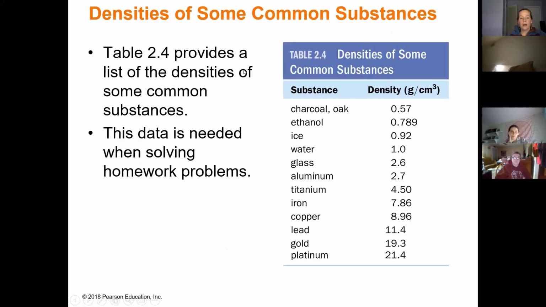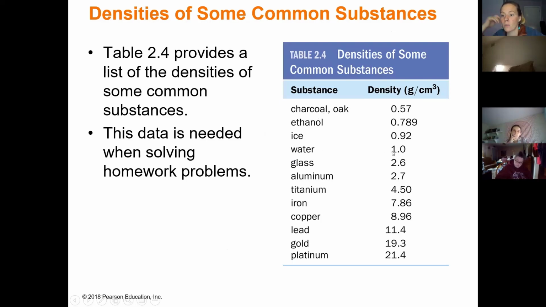Oh, real quick. Here's a list of some common densities. The one density you just want to know is water. Water has a density of 1, so not that hard to remember. And the unit on that is gram per centimeter cubed. So 1 gram per centimeter cubed, they've sort of fashioned all these other things off of that. Things that have a lower density than that, like ice, ethanol, charcoal, oak, wood, those things will float in water, right?